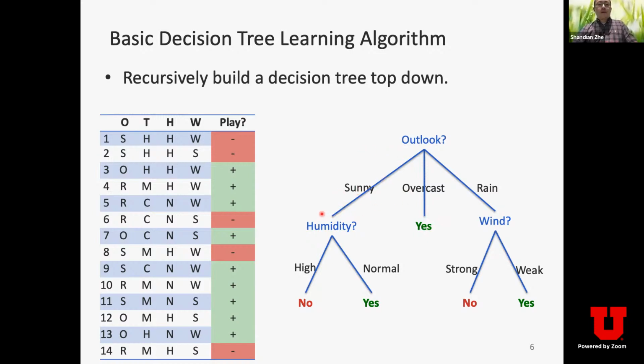You get sunny examples, overcast examples, and rain examples. Then for sunny and rain subsets, we further use the humidity feature and wind feature respectively to split them, and then we arrive at leaf nodes for all the subsets and finish tree construction. So this is just to give you the running result of our ID3 algorithm.